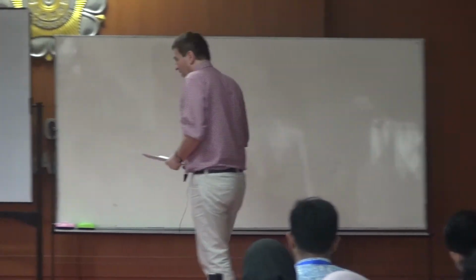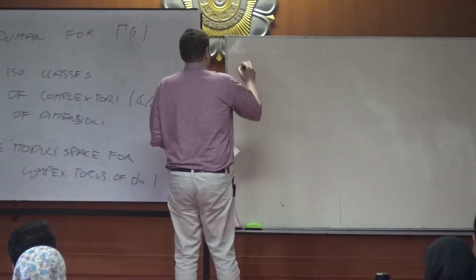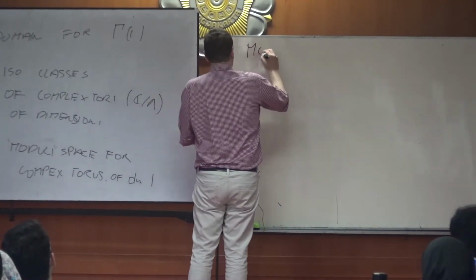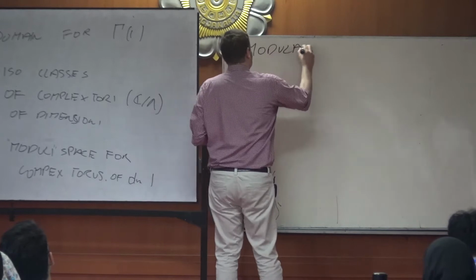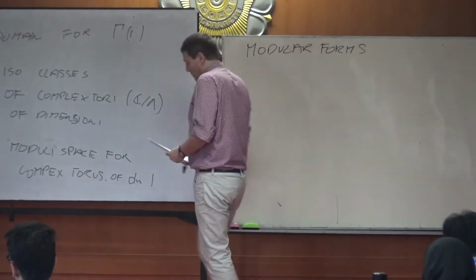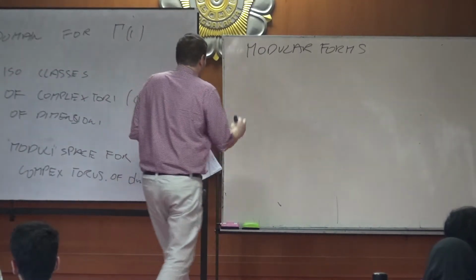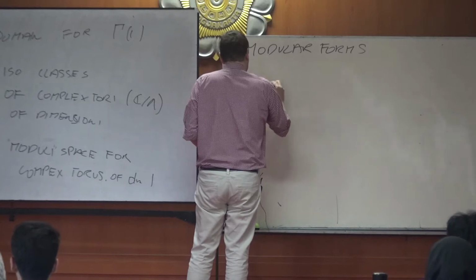But now we start with the real meat of the course. And so we give the definition of modular forms. So this comes in pieces, not all at once. First we take k an integer.